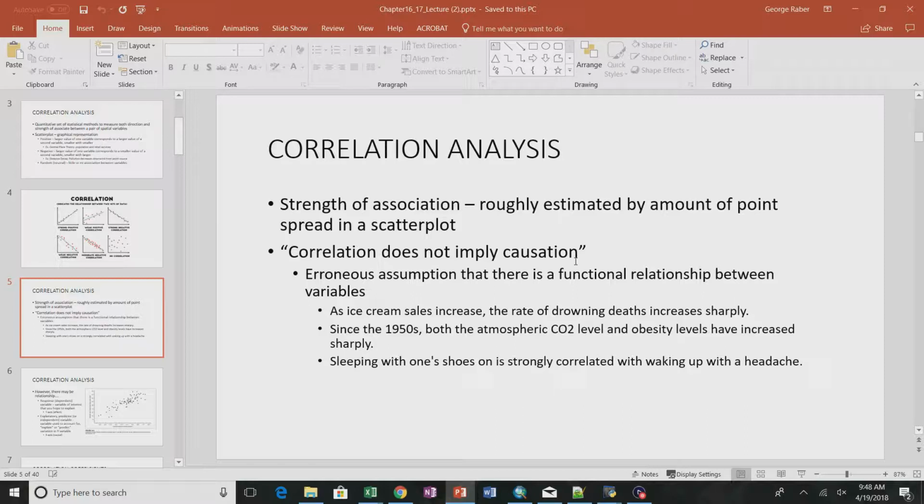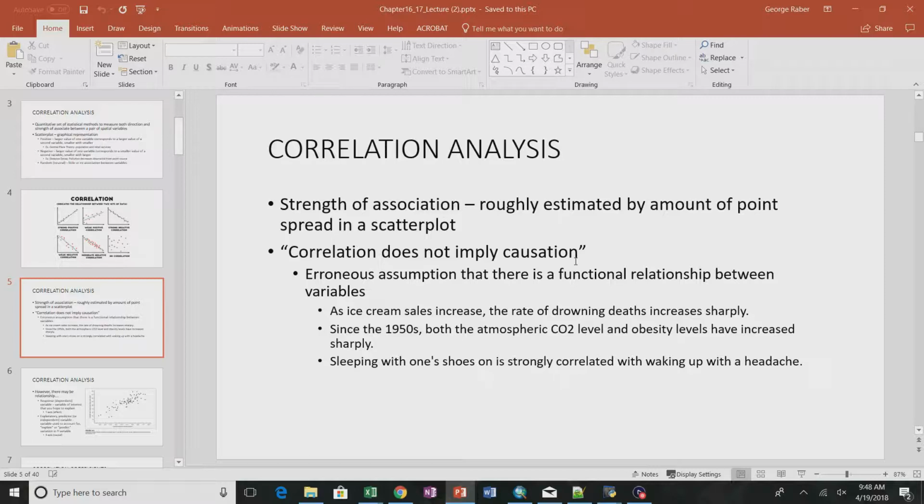And correlation doesn't necessarily mean that there's a functional relationship between the variables, and that's why people say, well, correlation doesn't imply causation. So here's some examples. These are things that are correlated that obviously don't cause each other. Ice cream sales, as they increase, the rate of drowning deaths actually increases as well.